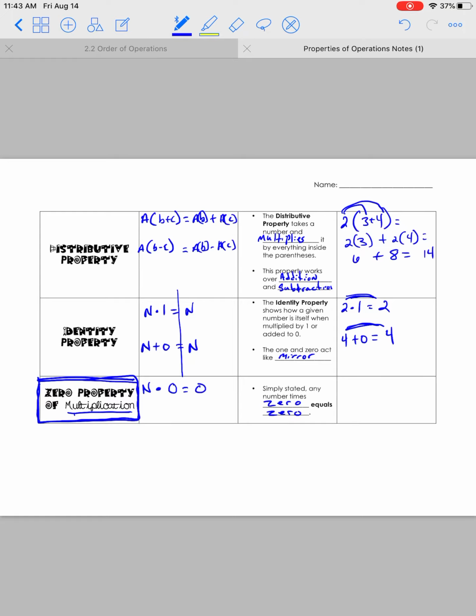So you have to pay attention to the operation, because notice the problem before. I had 4 plus 0 equals 4. But if I have 4 times 0, it equals 0. Okay, so that operation, what's going on, determines a lot. Any number times 0 equals 0. That is the 0 property of multiplication.